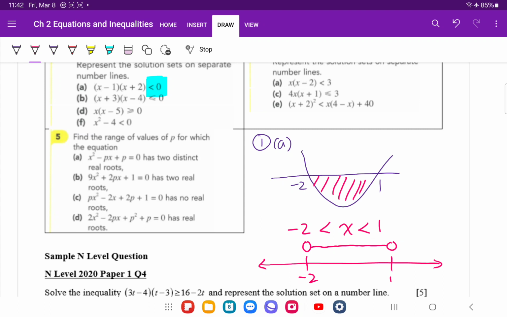This one is question 1, this is question 1. It's the same question. I basically printed out for you. Yeah, so it's the same answer but without the line.